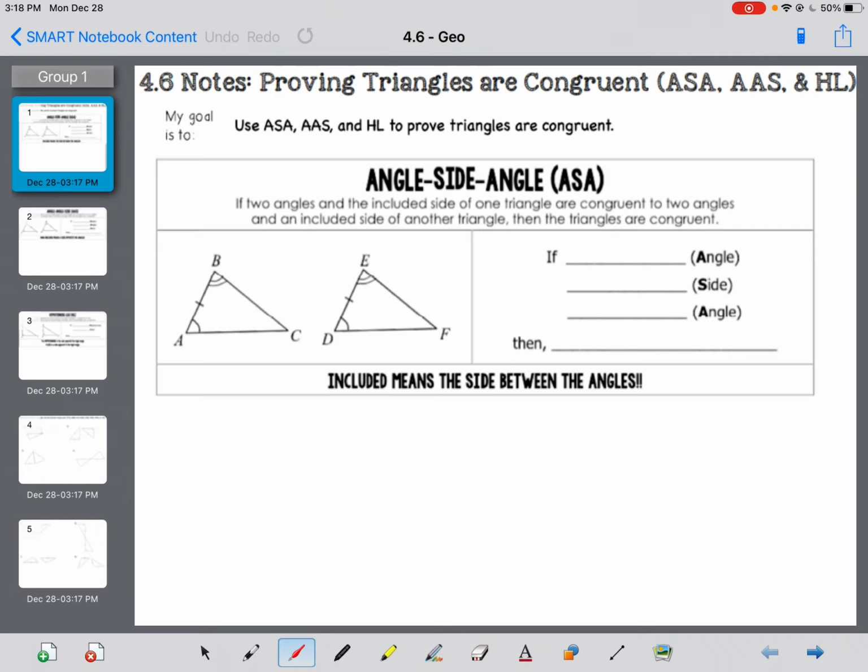Angle, side, angle. If two angles and the included side, the one between them, this is a side sandwich, are congruent, then the triangles are congruent.